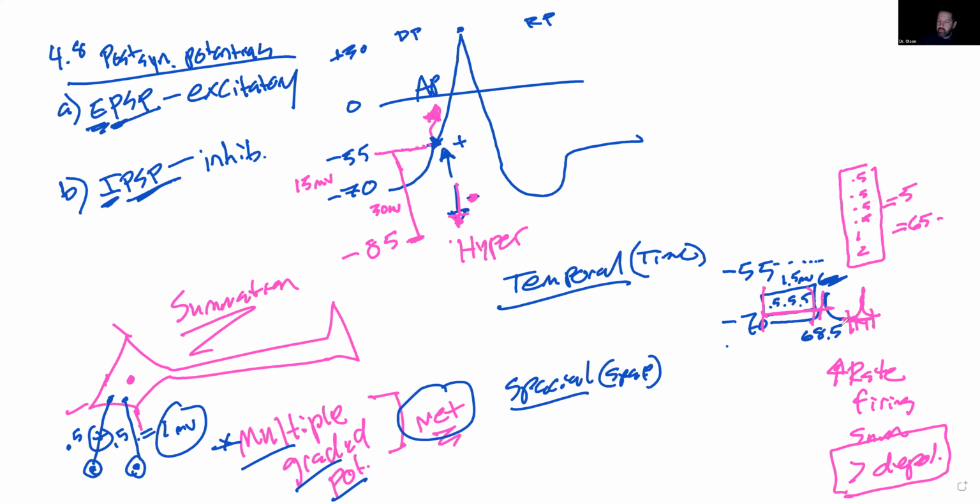So the time of each one of these is much faster, so less time. And we also had a much higher rate of firing, which gave us a much higher depolarization, 5 as opposed to 6.8. So that's what we're saying here. With temporal summation, we can have a greater depolarization with a higher rate of firing when we sum up the action potentials.